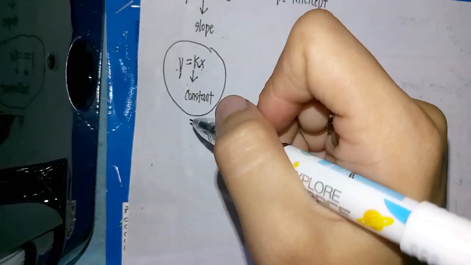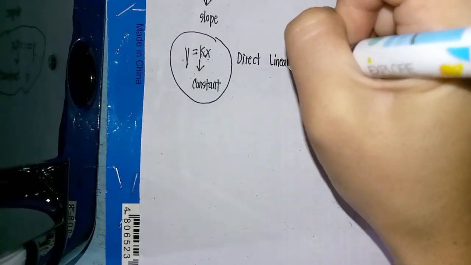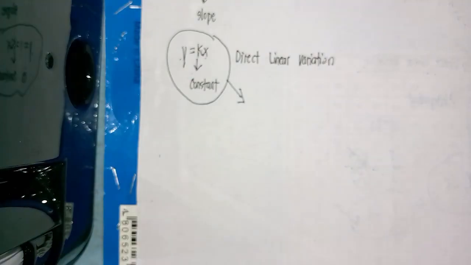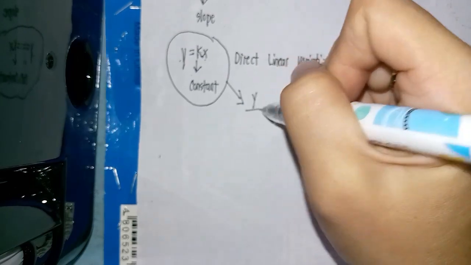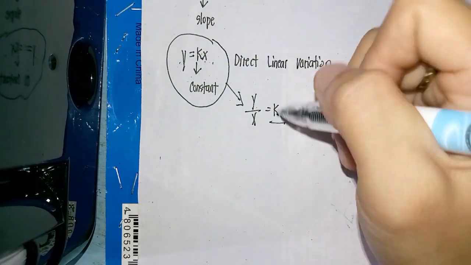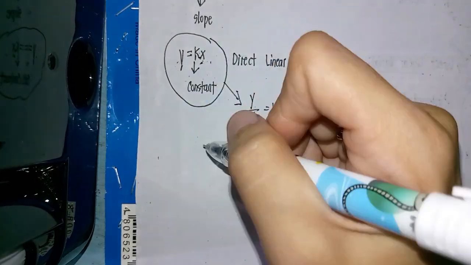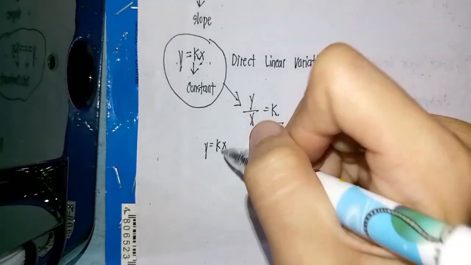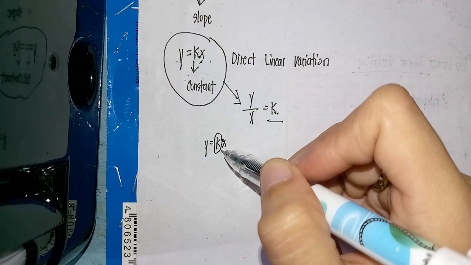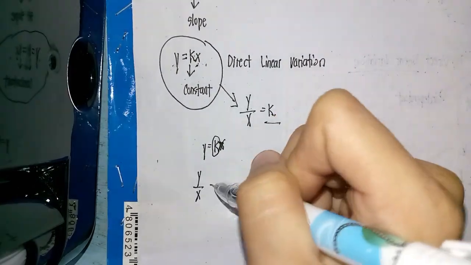Another thing is that we can derive the equation. This linear equation of direct linear variation can be derived and represented like this: y over x is equal to k. It is similar; you just derive it so that you can find the value of k. If we write y is equal to k times x, since what we are looking for is k, we eliminate its coefficient, which is x, by dividing both sides of the equation by x.